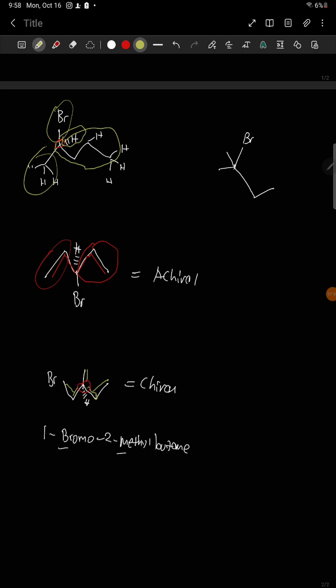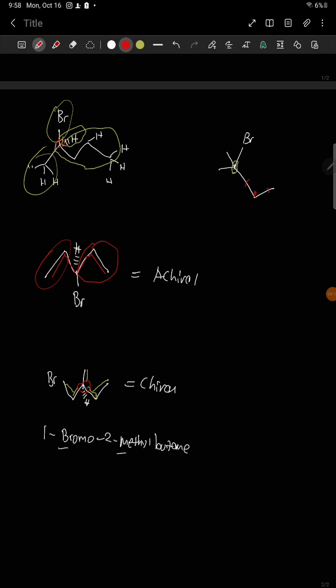The only possible chirality center is going to be right here, because that's the only one with 4 different substituents, or different groups coming off of it, so to speak. It can't be this carbon or that carbon because we only have one group going that way, one group going that way, and you can't have 2 of the same hydrogens, obviously. That would not be a chirality center.